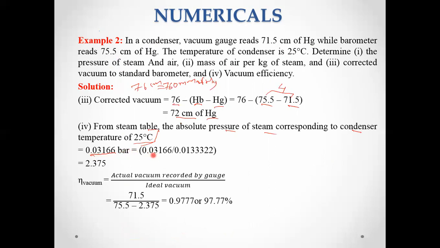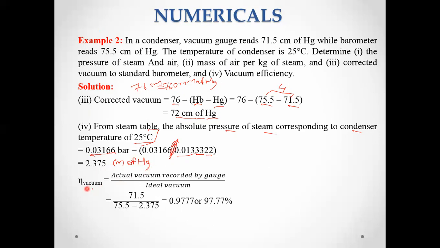But we have to convert this in terms of centimeter of Hg. So bar to centimeter, what will we do? I will divide 0.03166 by 0.0133322. So I will get 2.375 centimeter of Hg.